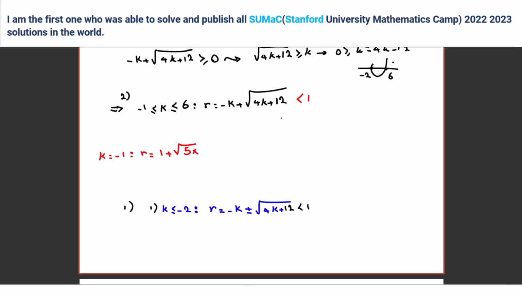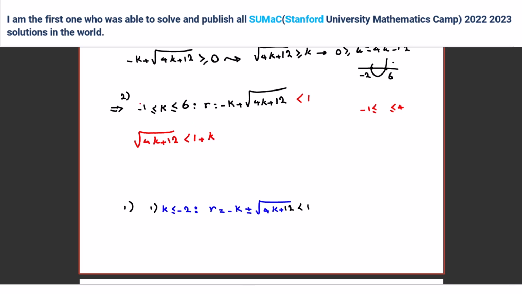So could you find any relationship for k? Which k's are good from -1 to 6? -2 to 4. No, -2 is outside the range. You meant, I think, -1 to 4, right? Yeah. Okay, let's check. Here we can consider 4k plus 12 and less than 1 plus k.